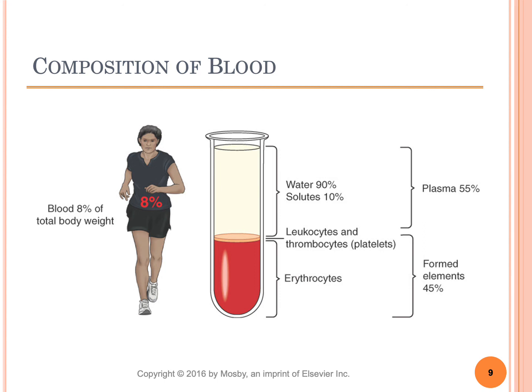It's the liquid part, and so that's the remaining 55%. And it's about 90% water and 10% other stuff, like clotting factors and salt that's dissolved in the water and various other things that are being carried in a liquid form around our bodies into our tissues and things.